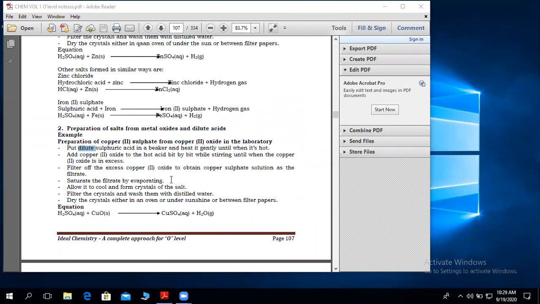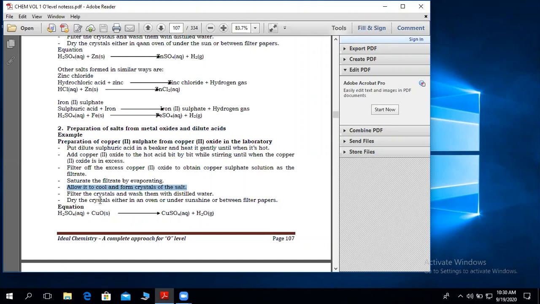What do we do to the saturated solution? We allow it to cool. And as it cools, it forms crystals. So crystals start forming when the saturated solution starts cooling. Then what do you do? You filter the crystals and wash them with distilled water. Then dry the crystals.